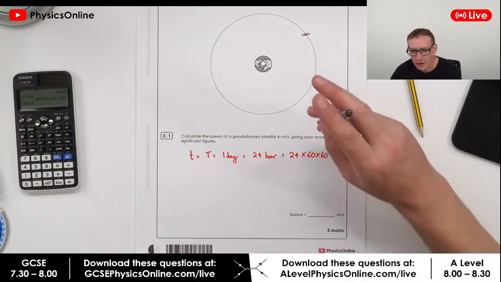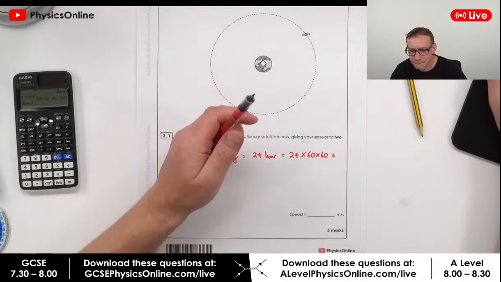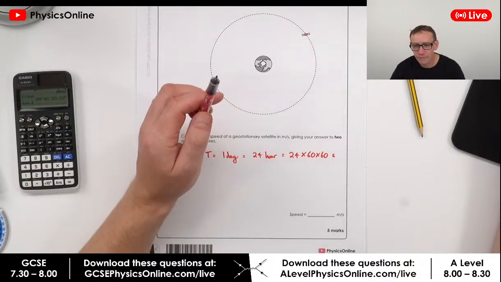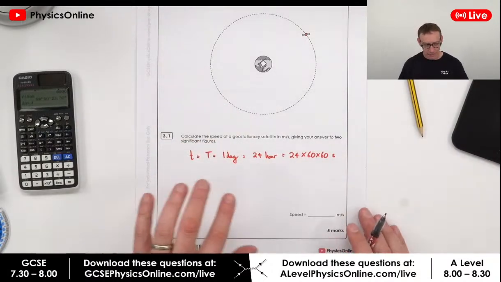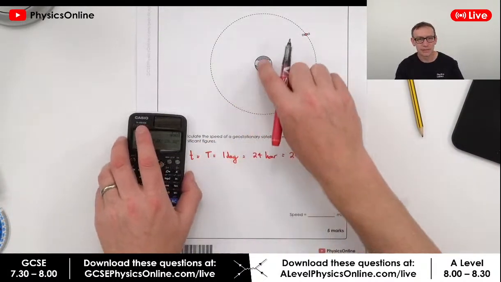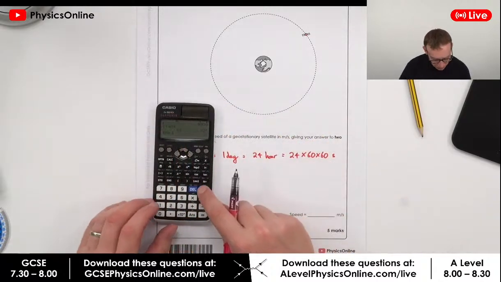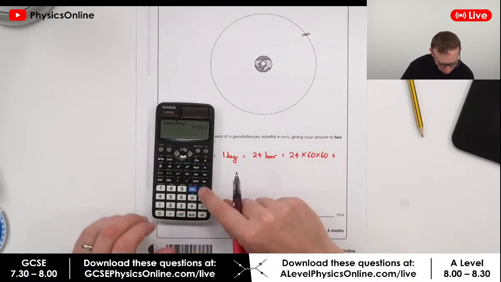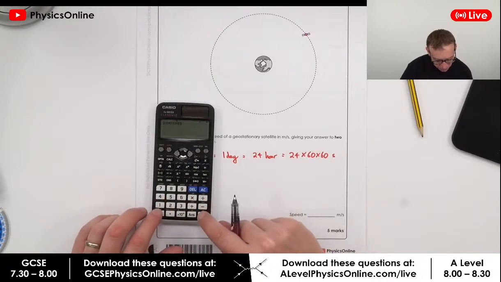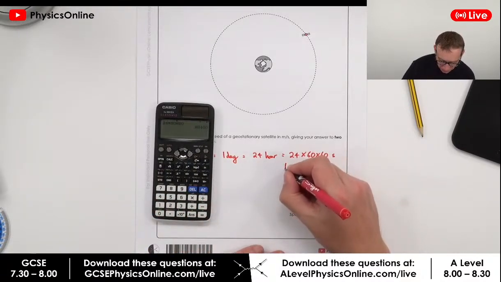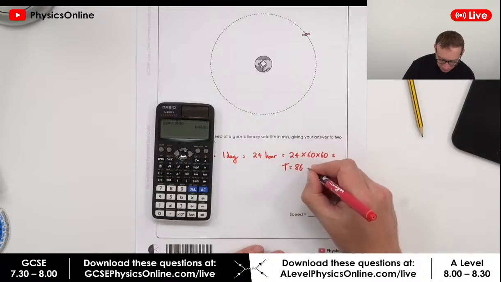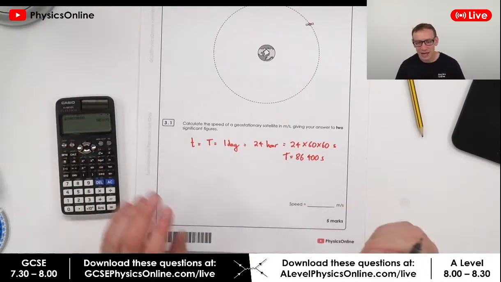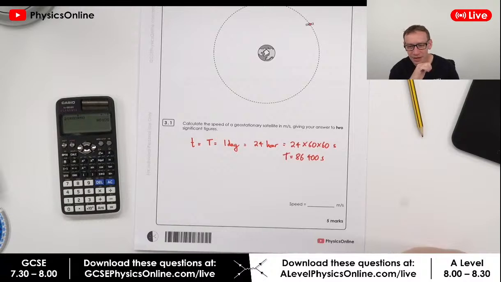So if we want to know the time period for one rotation, that's equal to 24 times 60 times 60. And so the time period is 86,400 seconds.